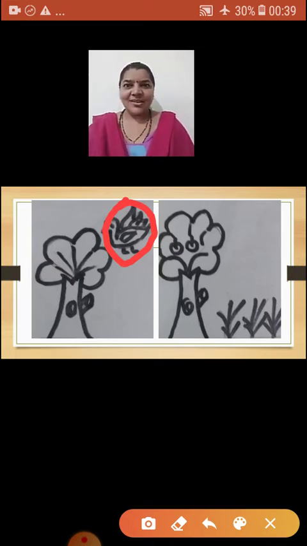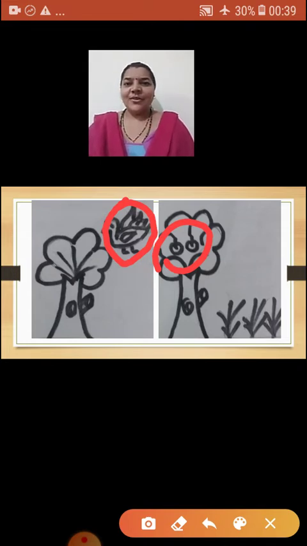Now in both the pictures we can see a tree, but only in the picture which is to your right hand side, there on the tree you can see two apples. So this is another difference.